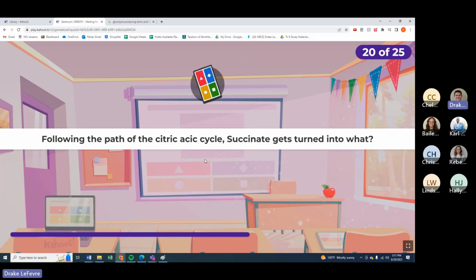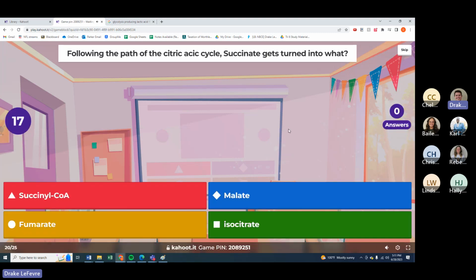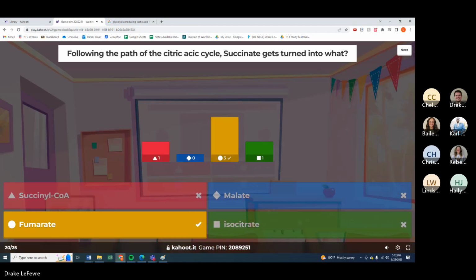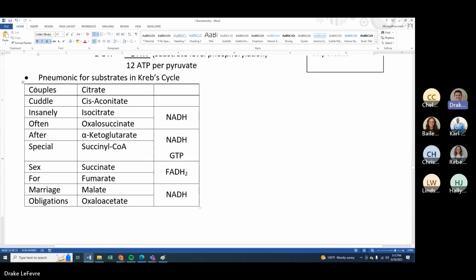Sorry, guys. So following the path of the citric acid cycle, succinate gets turned into what? Good job. Remember the mnemonic? Couples cuddle insanely often after special sex for marriage obligations.